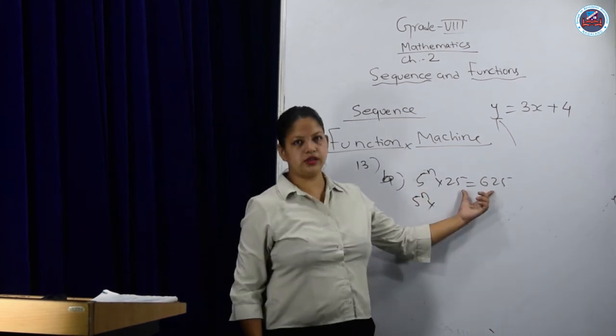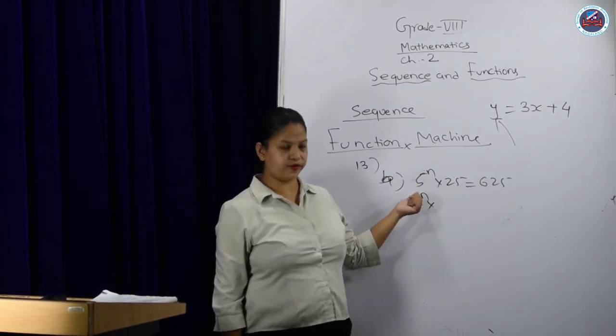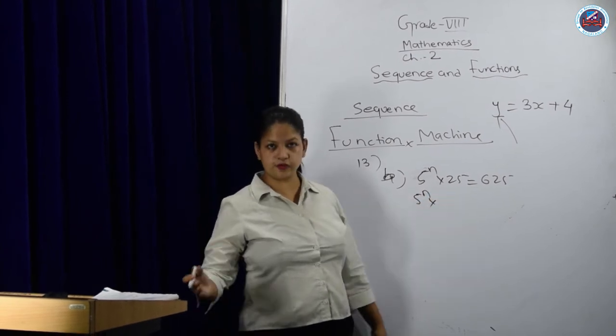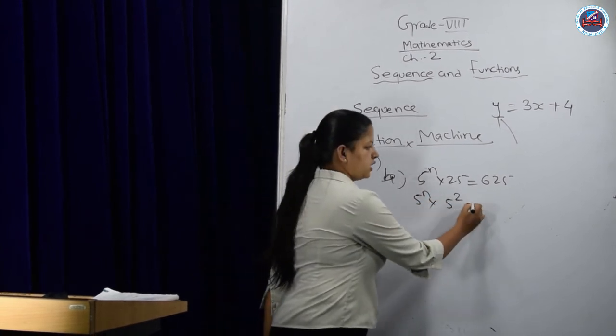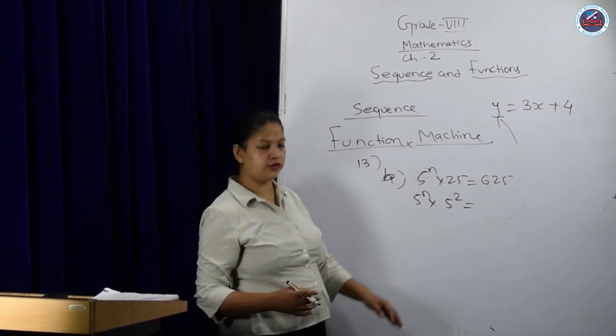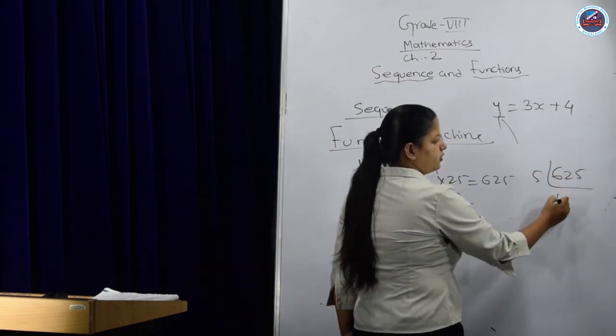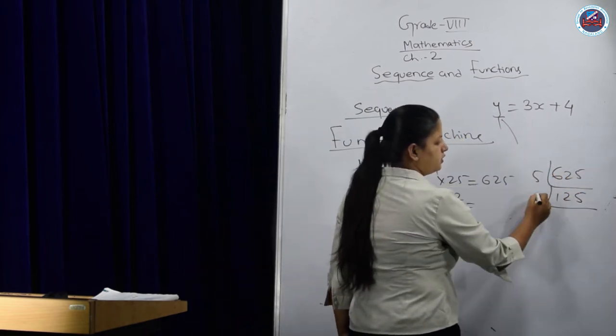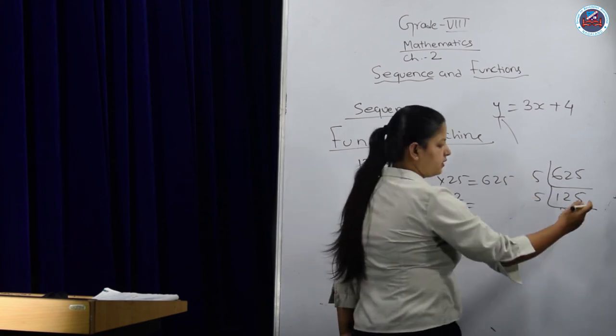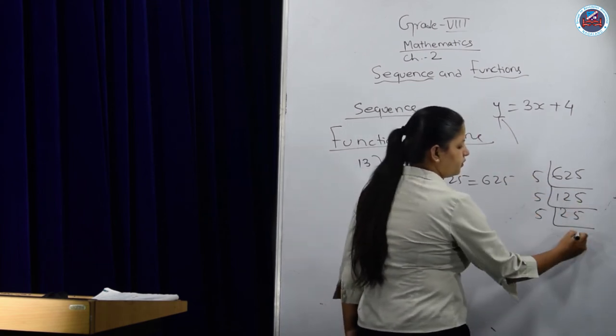Try to convert this bigger number in terms of the smaller one, that is 5. 25 is 5 into 5, that is 5 square. Similarly 625. If you don't know the power, you can factorize it here. 5 1s are 5, 5 2s are 10, 5 5s are 25. 5 2s are 10, 2 carry, 5 5s are 25, 5 5s are 25.